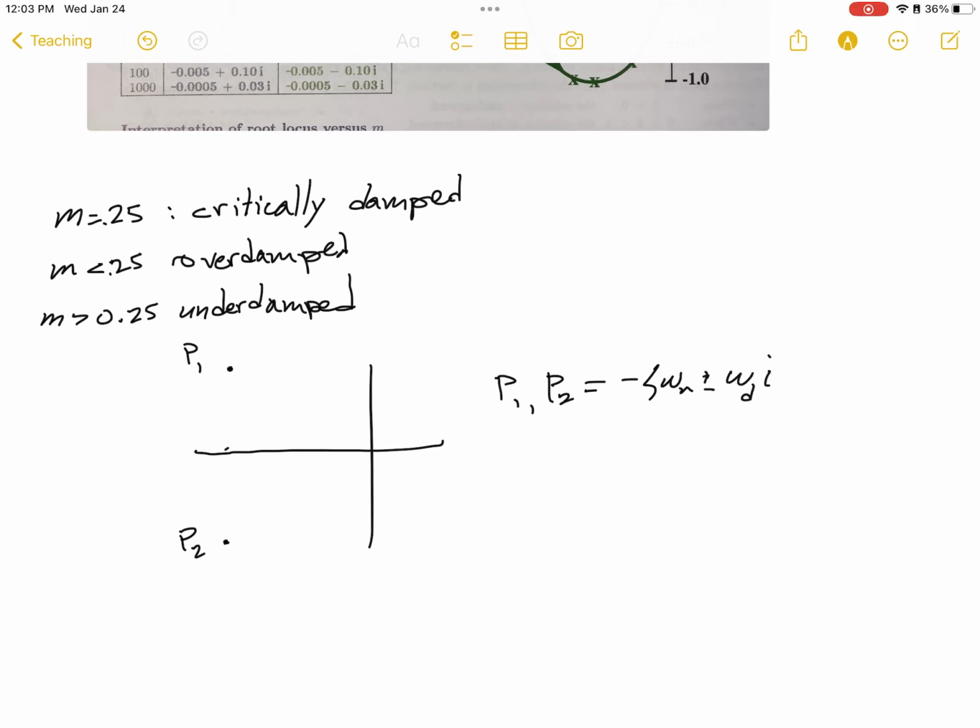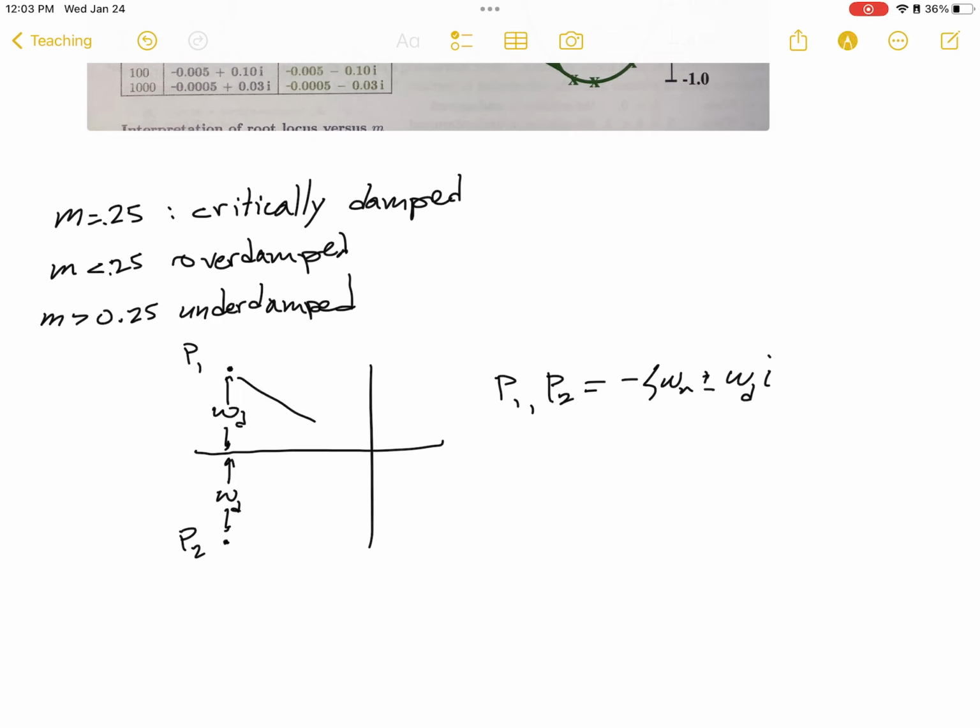So that means that this distance right here is omega d. So that's the damped natural frequency. That's the frequency that you observe. So as the magnitude of the imaginary component increases, you're going to get higher frequencies.